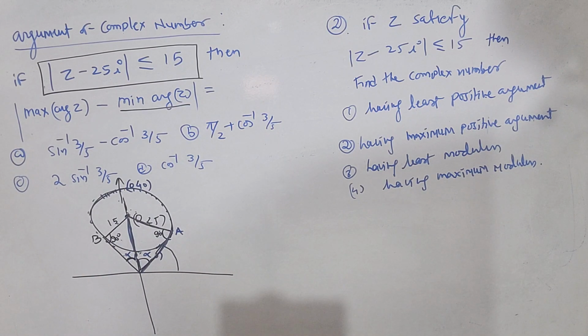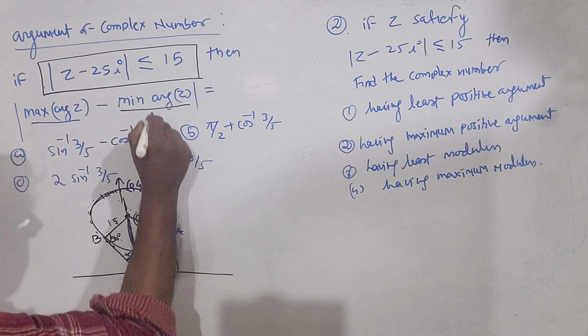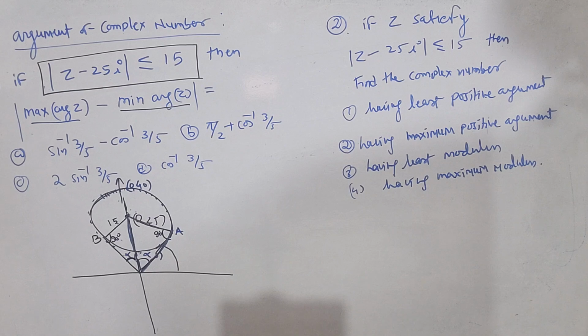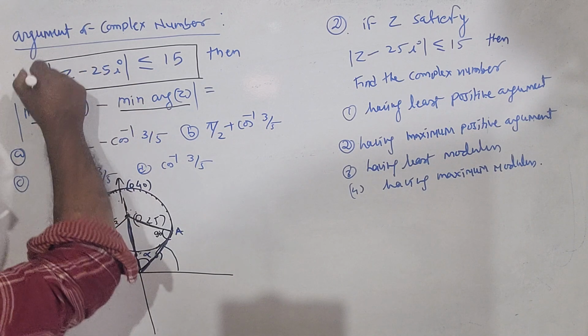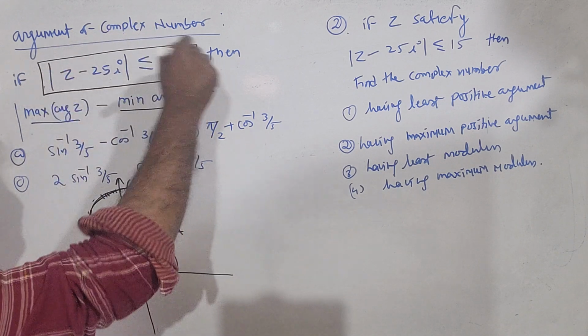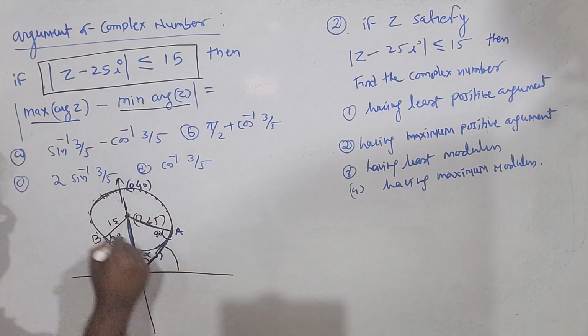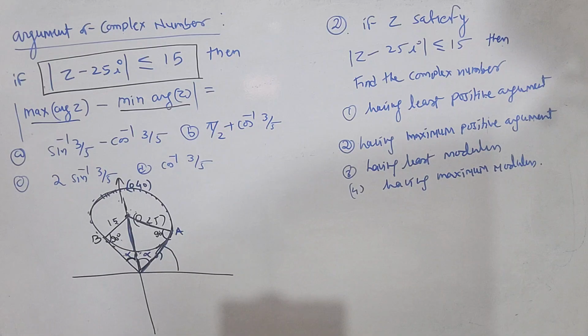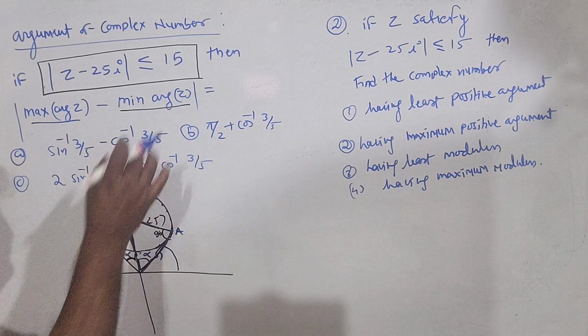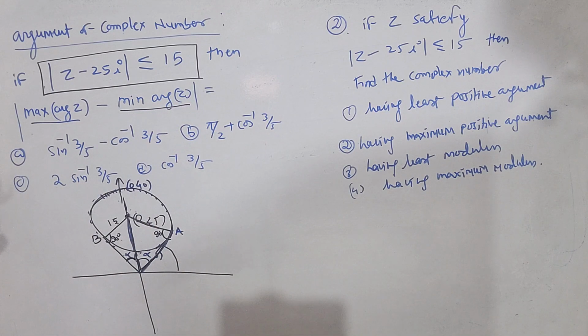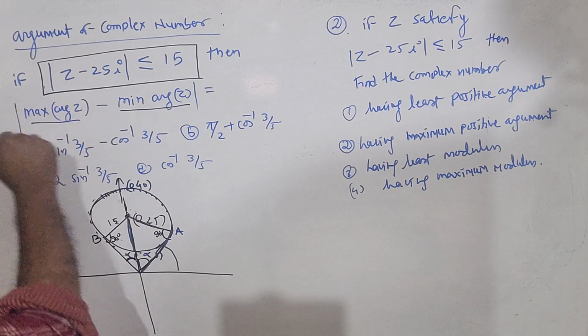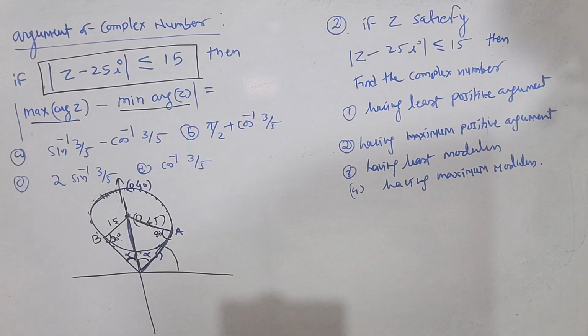Now by symmetry we have to find the maximum argument and minimum argument of a complex number z which satisfies this locus, where z lies on the circumference of the circle or inside the circle. Then we have to find the z which has the minimum argument and the z which has the maximum argument, and then find the difference of this minimum and maximum argument, correct?